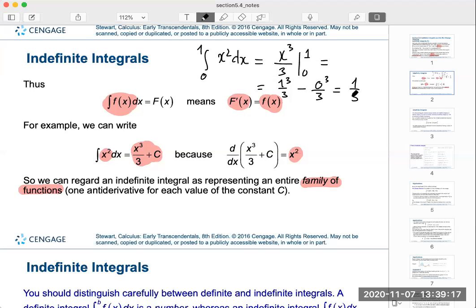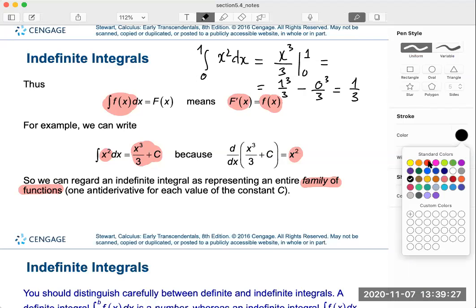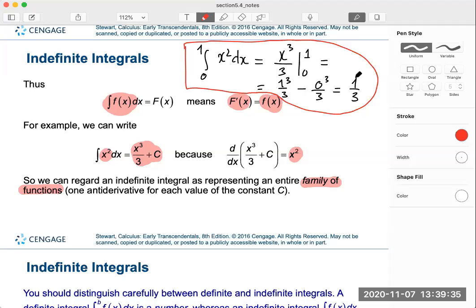Very good. So with a definite integral, it will give us a number, right? So it is the big difference of definite and indefinite. This result gives us a number, but this one gives us a function. So we should be very careful.